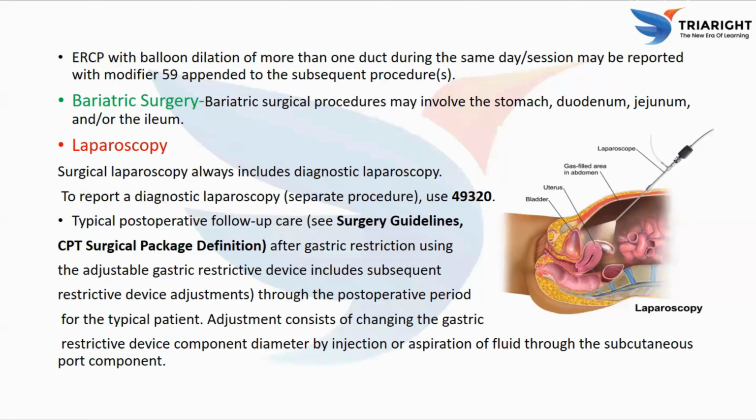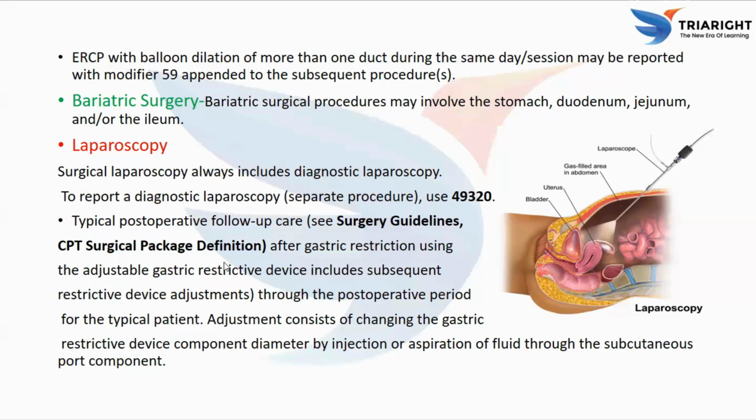So do not report 49320 when a surgical laparoscopic procedure is performed in the same session. Surgical laparoscopy always includes visualization, exploration and definitive surgical treatment, so the diagnostic laparoscopy becomes bundled into the surgical procedure.